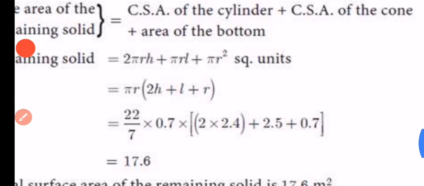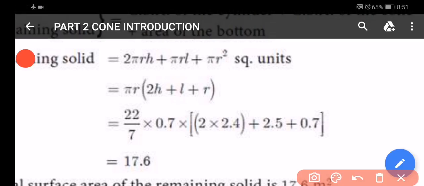In this topic we discuss the cylinder and cone, but the cylinder formula can be used in this exercise. So first one, curved surface area of the cylinder is 2 pi r h, plus curved surface area of the cone pi r l, plus area of the bottom pi r squared.